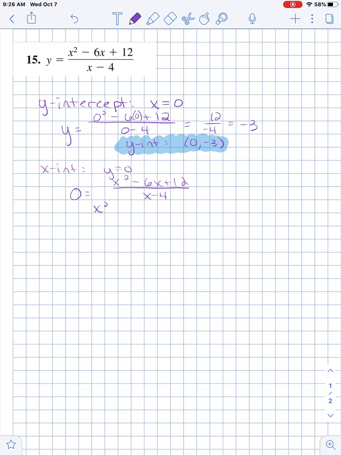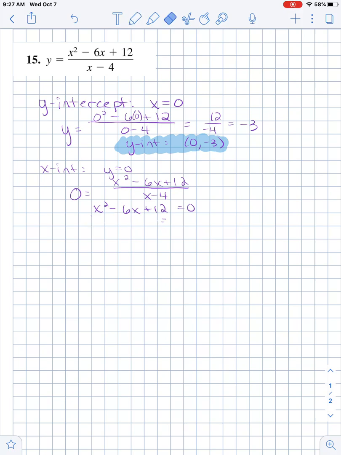So where is x squared minus 6x plus 12 equal to 0? If I try to factor this, it is not factorable. I cannot think of anything that will multiply to be 12 and add to be 6. 6 times 2 is 12, but 6 and 2 don't give me 6. 4 and 3, 12 and 1. So this is not factorable.